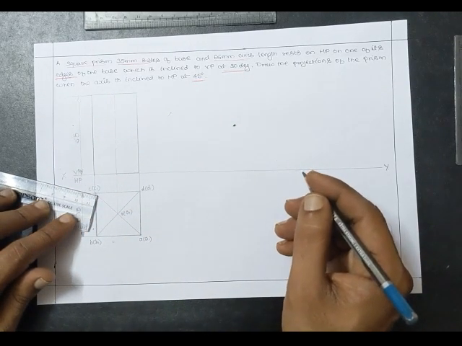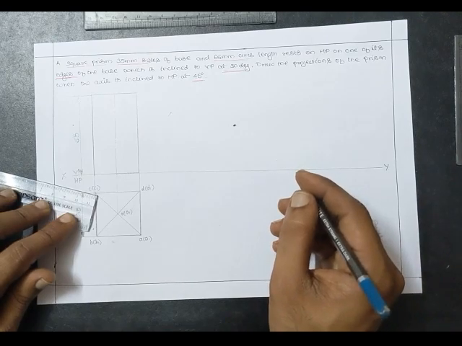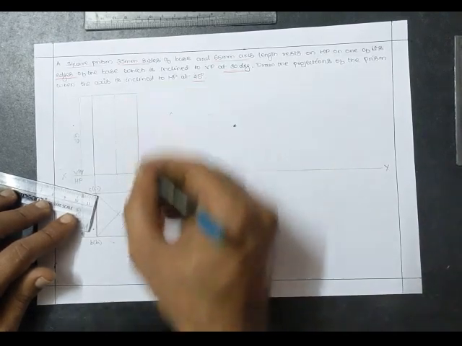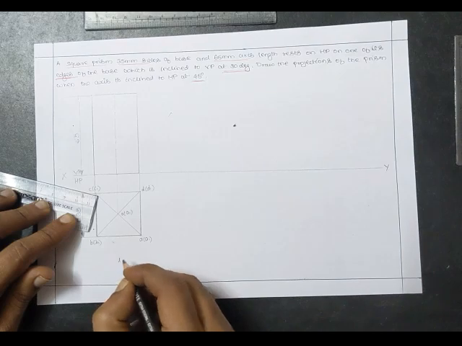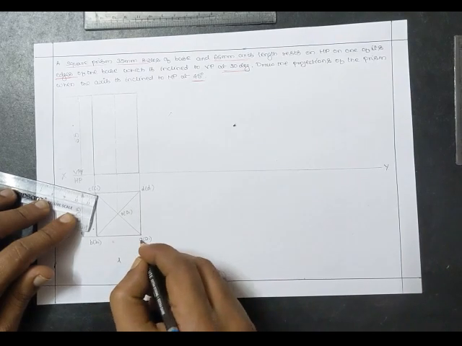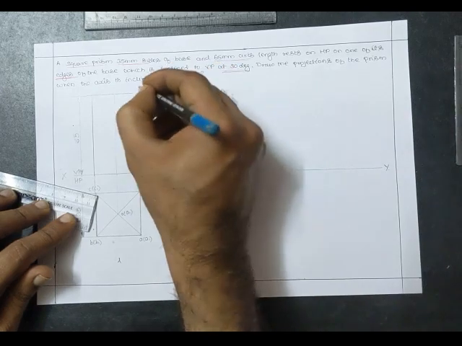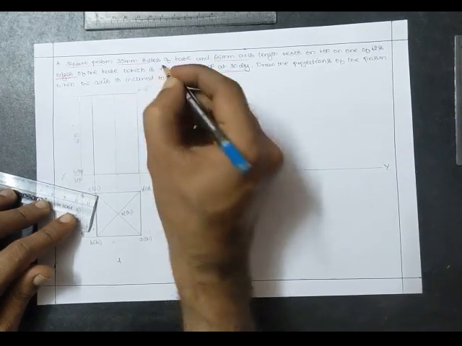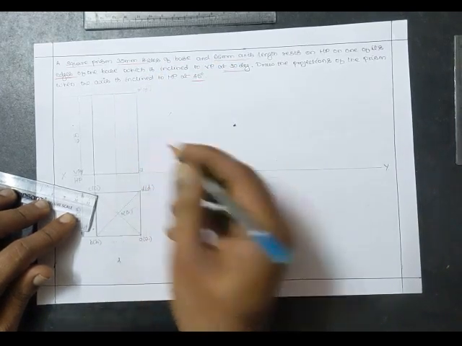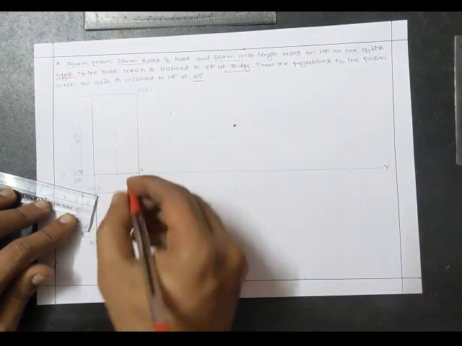Next, we need to annotate the front view. When looking from the front, the lateral edges AA1 and BB1 are visible. So A dash, inside a bracket D dash. Let me change the pen.